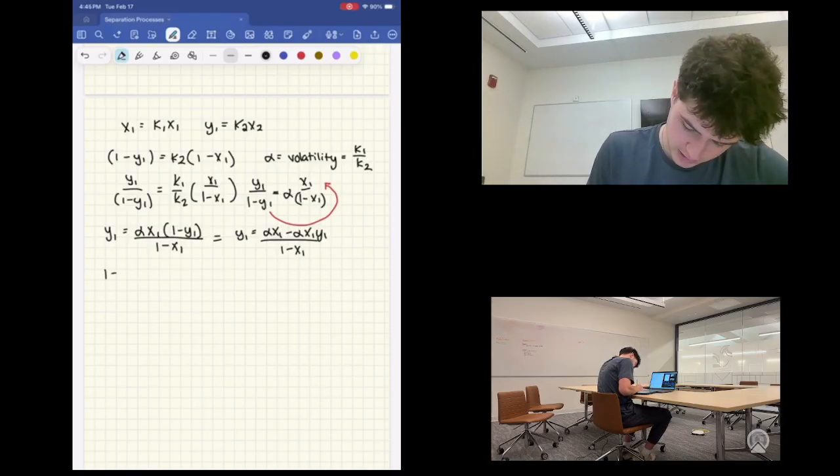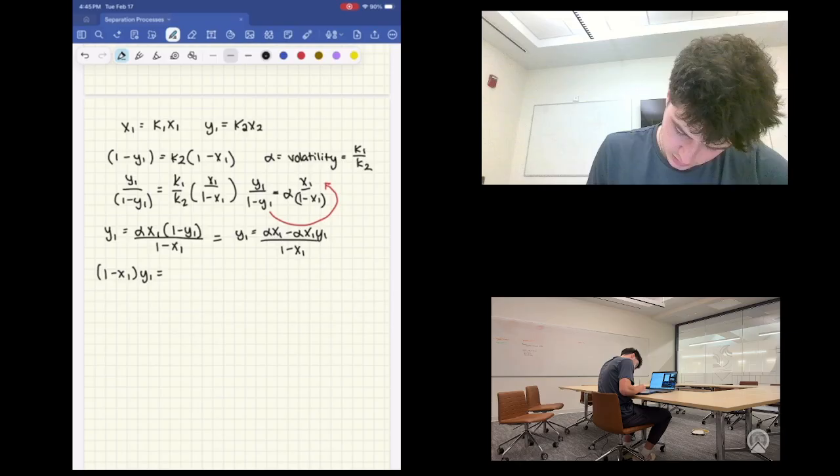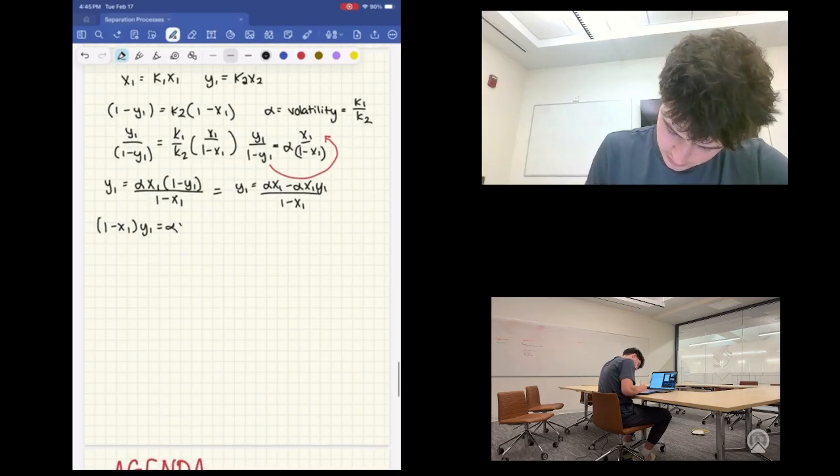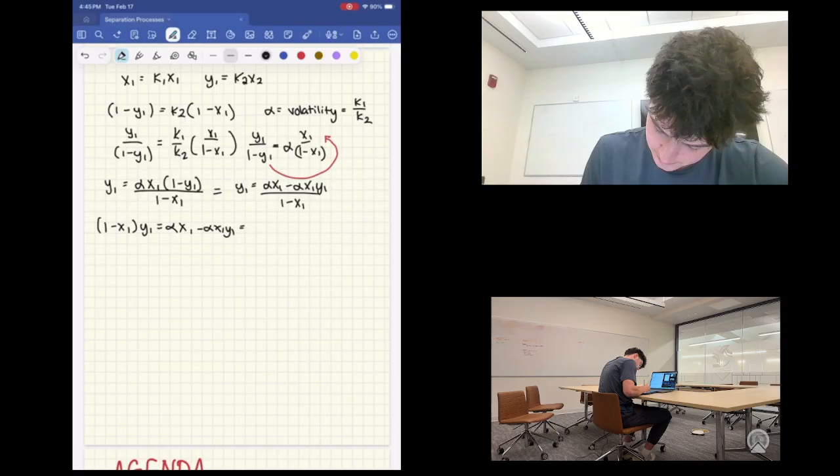So you get 1 minus x1 times y1, which equals alpha x1 minus alpha x1 y1, which then equals y1 minus x1 y1 equals alpha x1 minus alpha x1 y1.